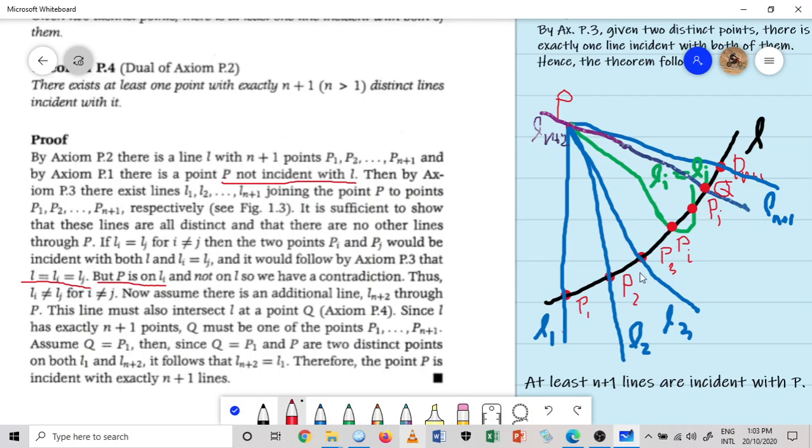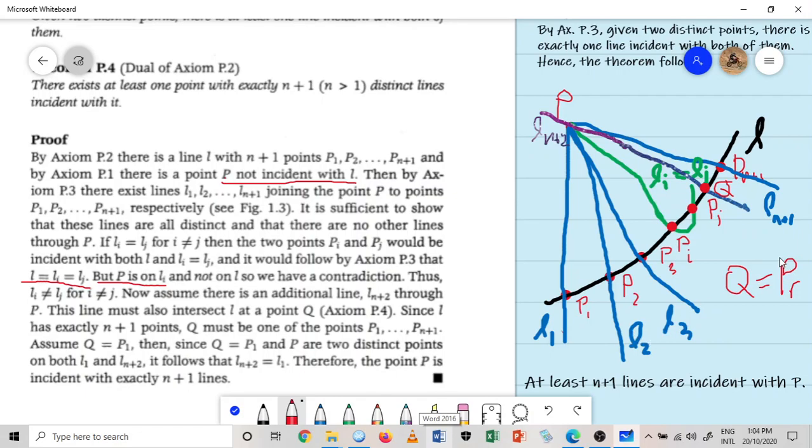Okay, so it should be one of P sub 1, P sub 2, up to P sub N plus 1. So Q must be equal to P sub R, where R is between 1 and N plus 1. So it is a point here on L.